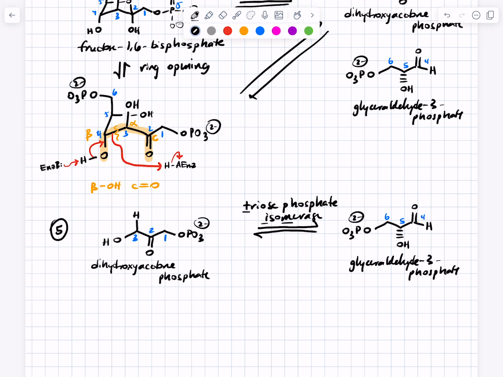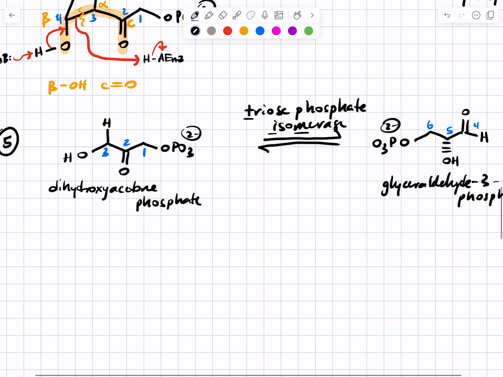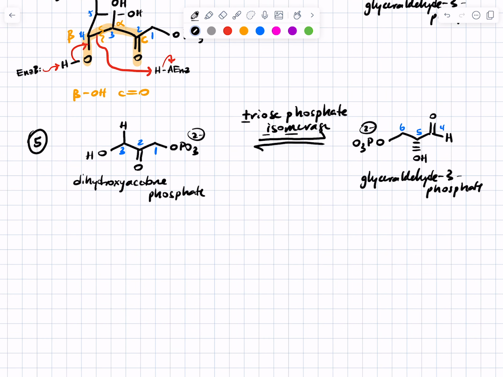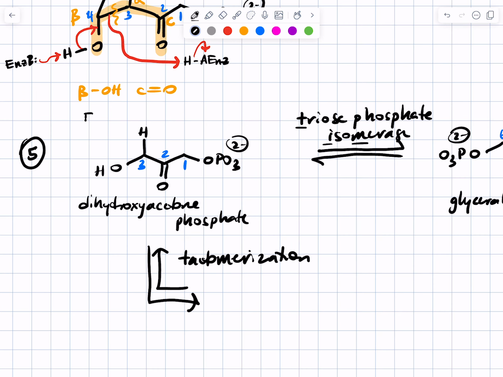And TIM is so fast that really water diffusion is almost the slow step. So it's a really interesting enzyme, works really efficiently, but we're going to see that it follows that same pattern of tautomerization to get an ene-diol intermediate, and then tautomerization in the other direction to get the aldehyde.